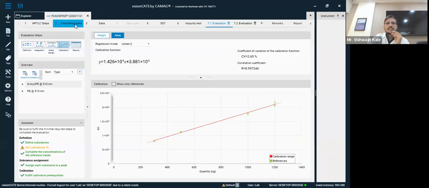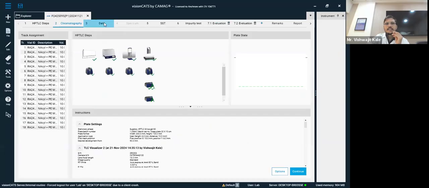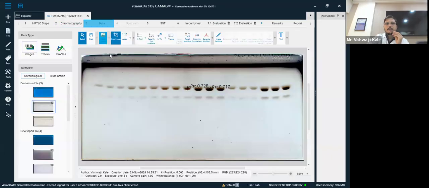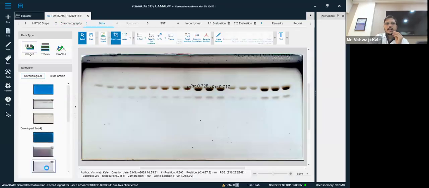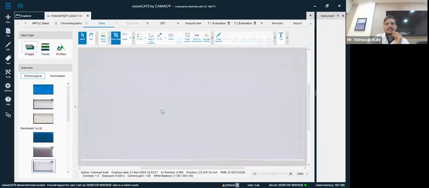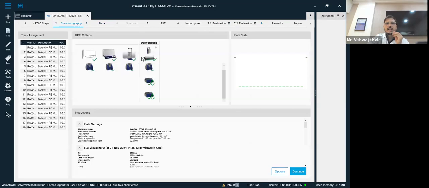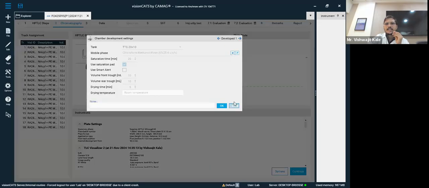By using a CAMAG scanner densitometer, we have scanned the plate under 510 nanometers here. First of all, after development of the plate, we have captured the plate image. On the plate, phospholipids and their impurities are not visible. Then we have derivatized the plate by using the dipping technique here.